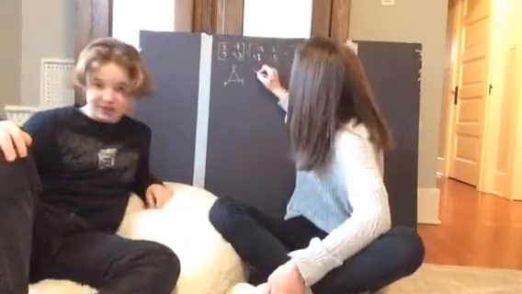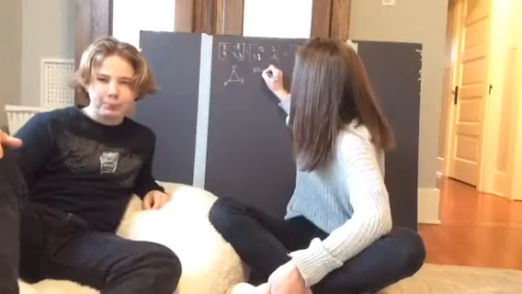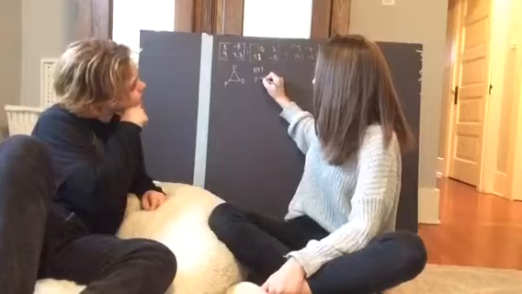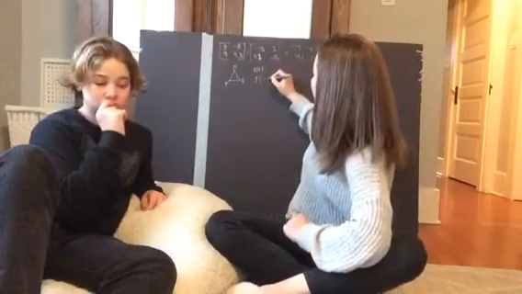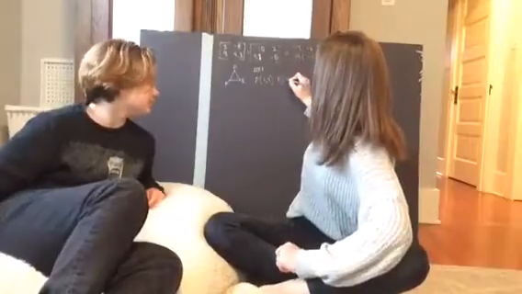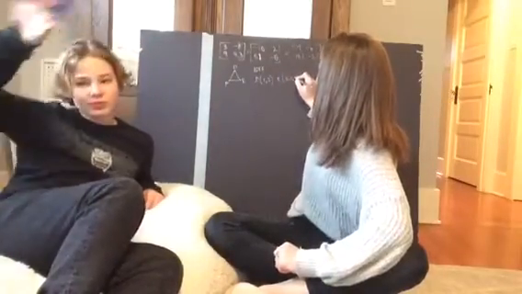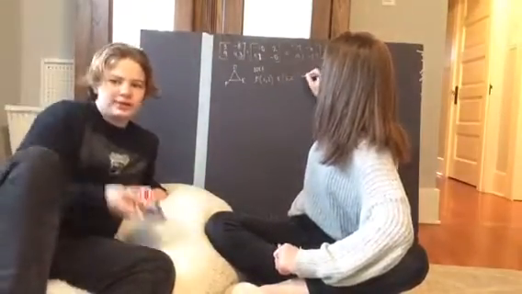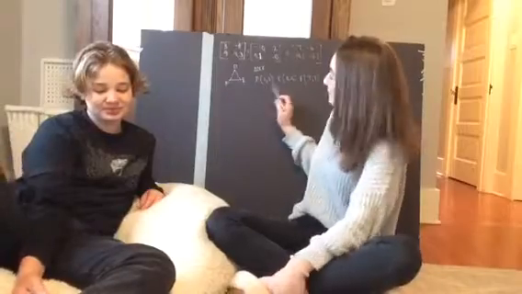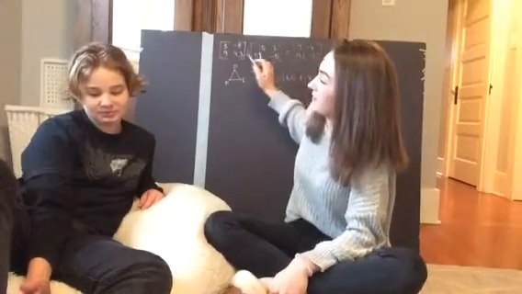Okay, so we have triangle DEF, right? And the points are D, 1, 2, E is 3, 3, and F, 4, 0. We can then put these points into a matrix.